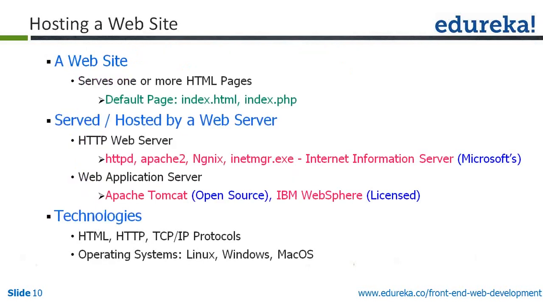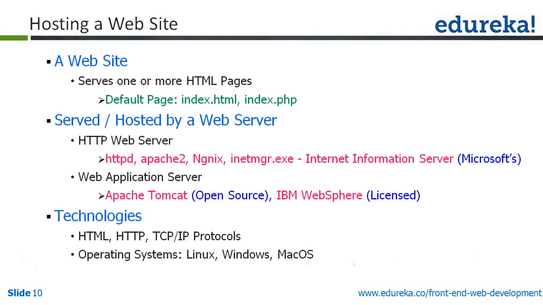Next slide. Yeah, until now we talked about web development and websites, and let's briefly understand what a website is. A website is nothing but one or more HTML pages which will be served by a web server. If you don't specify any file name when you visit a domain name or website, the default page that will be served will be index.html or index.php.